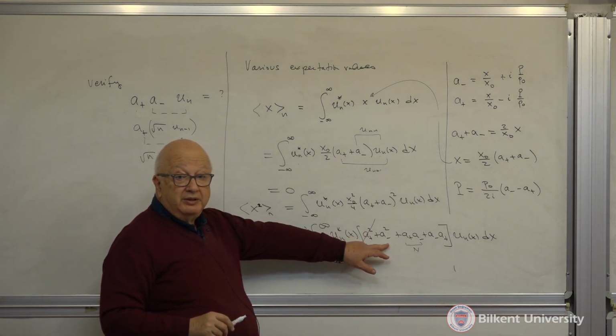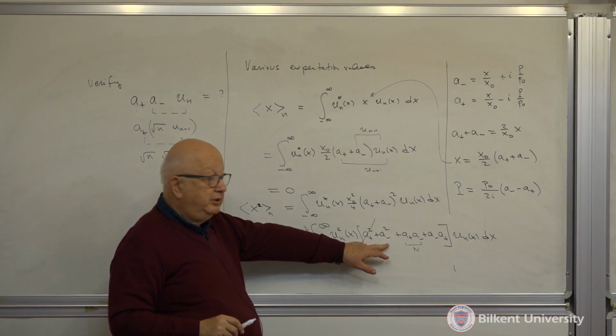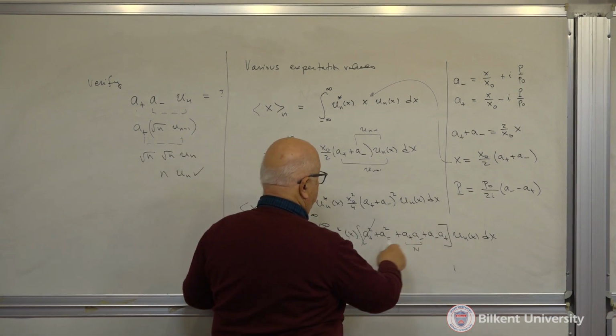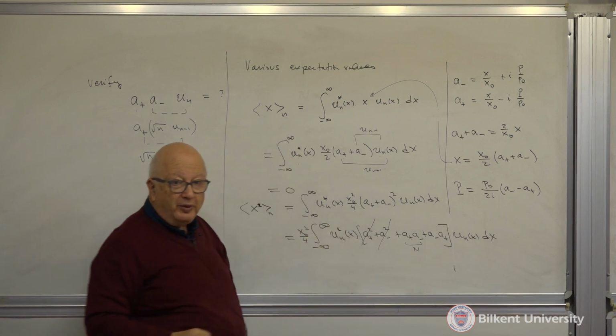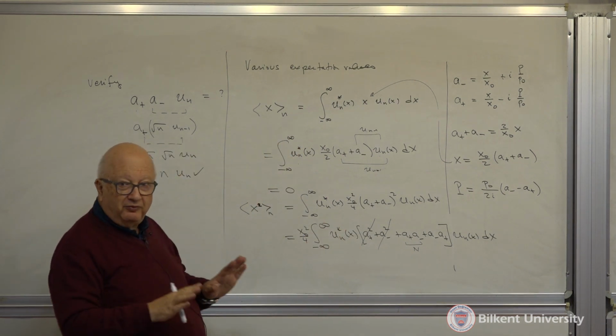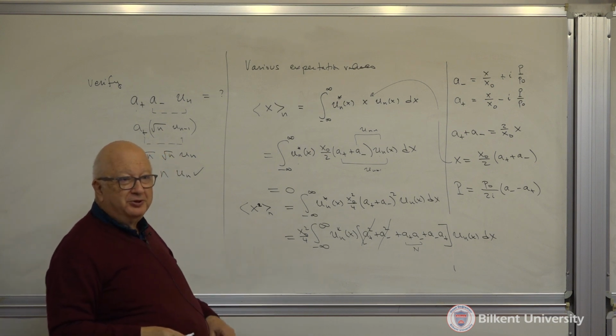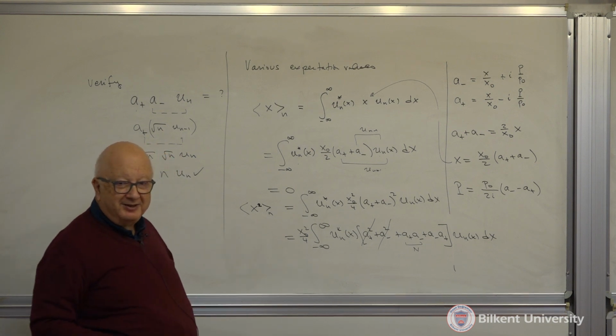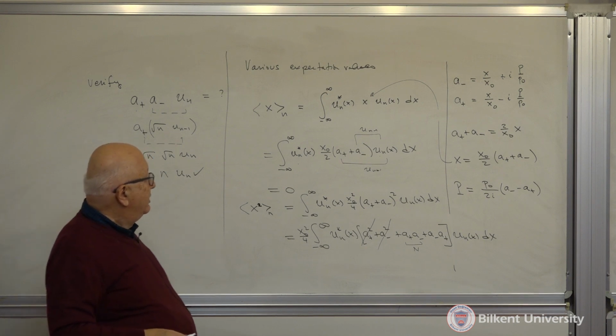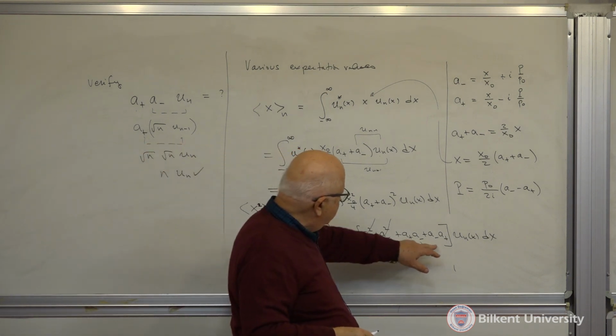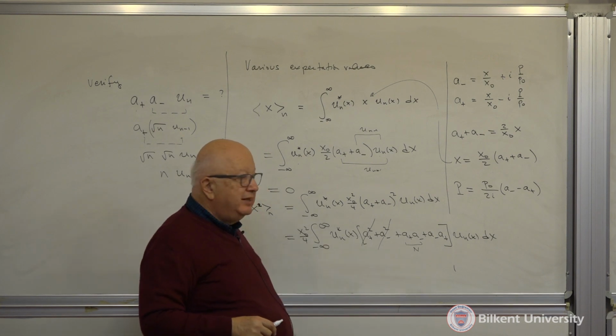Same goes for a minus squared, right? Because that gives me un minus 2. You see, this is so much fun. And you'll have a lot more fun on your next homework. When you go to x to the 4 and x to the 6, this really gets very exciting. Okay, so you have these things. Now, what is a minus a plus?